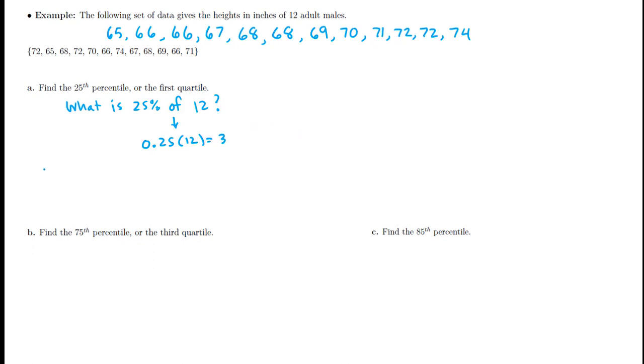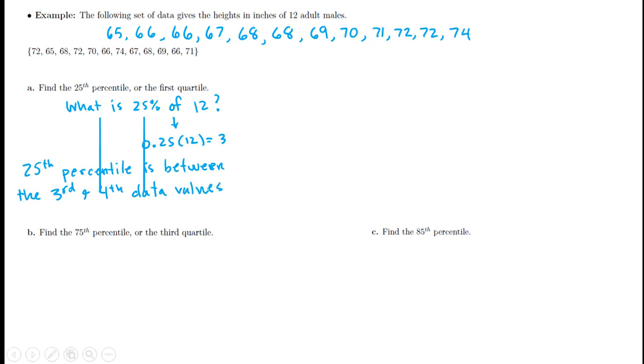Okay? So here's what this tells me. This tells me that the 25th percentile is, an easier way to say it, between the third and fourth data values.